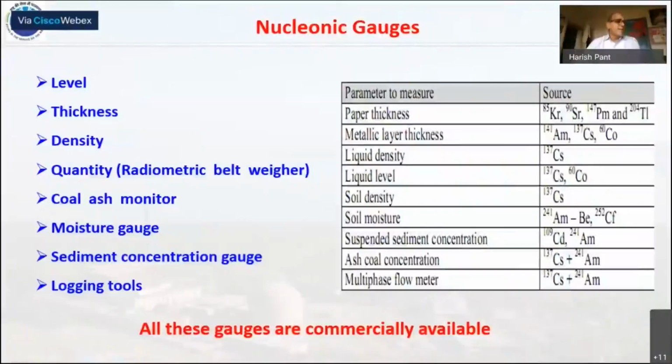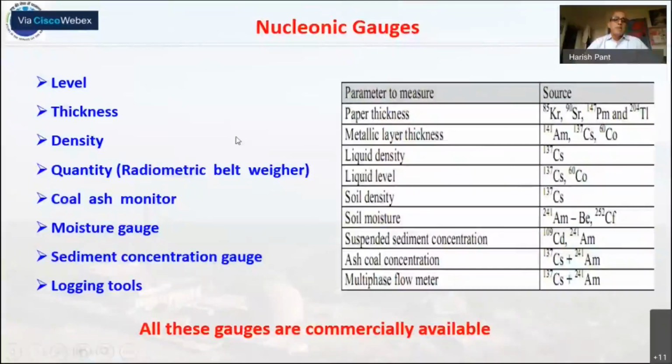Now let us see what are the different kinds of gauges used in industry. There are level gauges, and thickness gauges to measure the thickness of material. There are density gauges to measure the density of material flowing inside any pipeline. There are gauges for the quantity of material, like in the case of a conveyor belt.